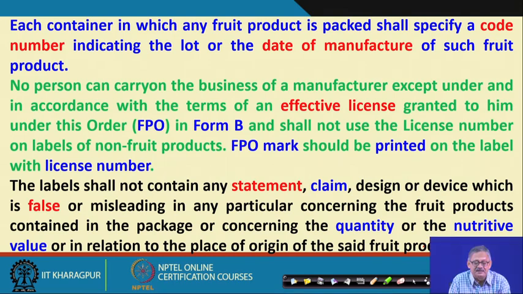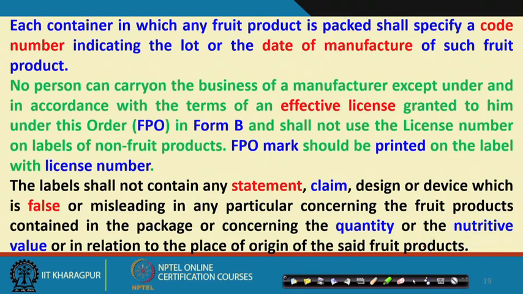No person can carry on the business of a manufacturer except under and in accordance with the terms of an effective license granted to him under the FPO order in Form B, and shall not use the license number on labels of non-fruit products.